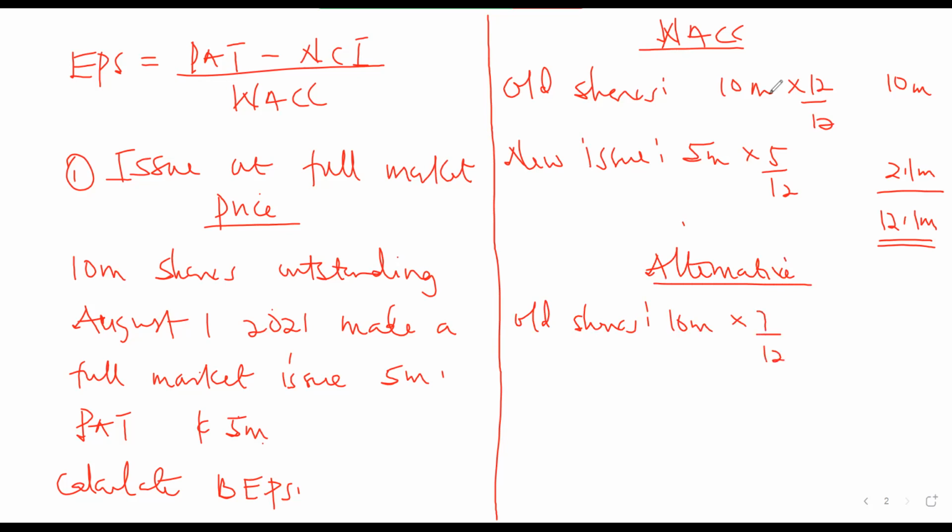That will give us how much? 5.8. Okay. So from 1st August, how many shares will be used to the end of the year? That will be 15 million, isn't it?